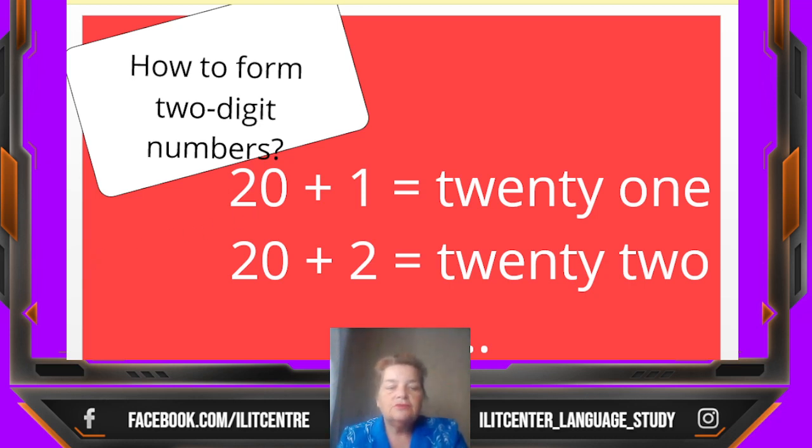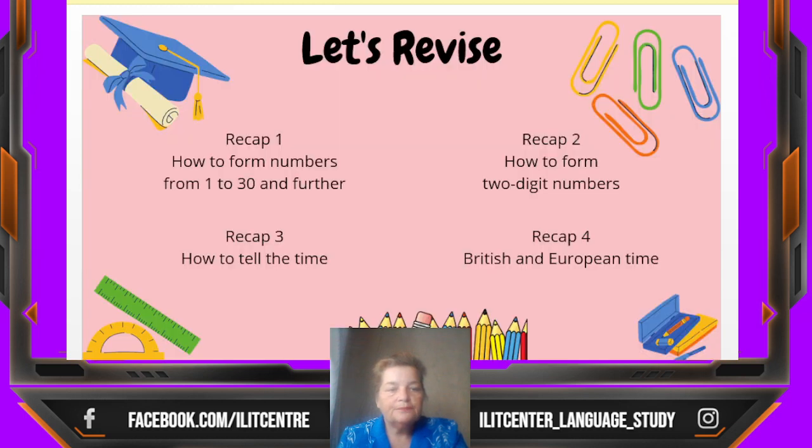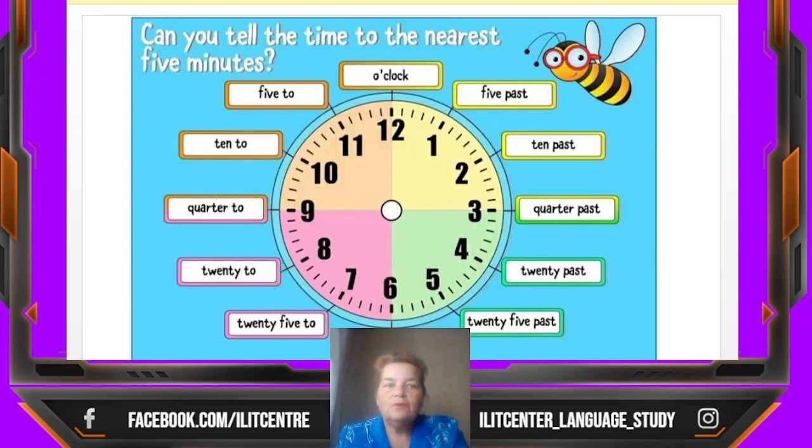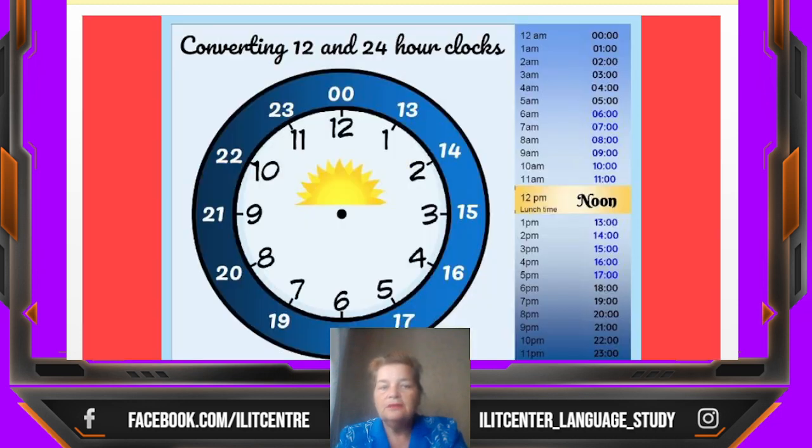Okay, so recap number 3 here. How to tell the time. That's quite a great deal of telling the time today. And here we had all the illustrations needed, especially telling the time in minutes and in the European and British way.